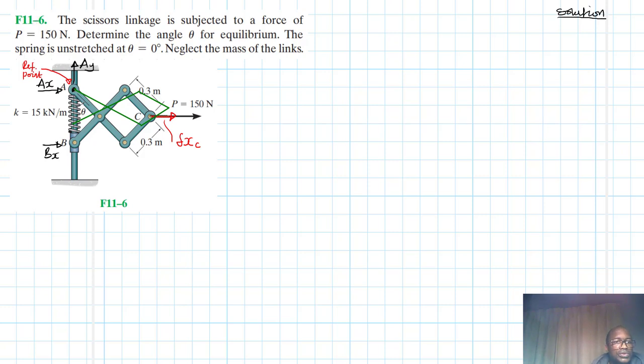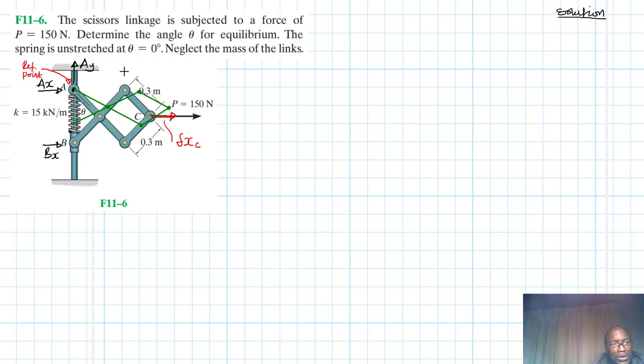Imagine that is the new configuration. You have these joints that have moved like so. And this point here, what happens to C?